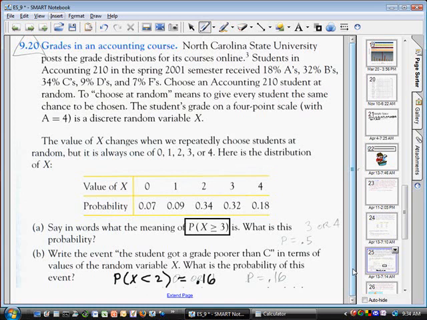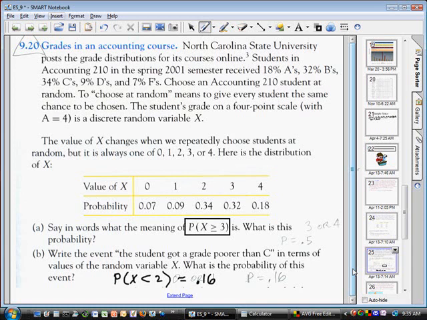What are the chances of getting, what does that mean? What's the probability of getting a C or above? No, a B or above, excuse me. And what is it? The sum of these two. It's either the probability of getting a B or the probability of getting an A, and that's the sum of the two. So you got a 50% chance in that particular class of getting at least a B.